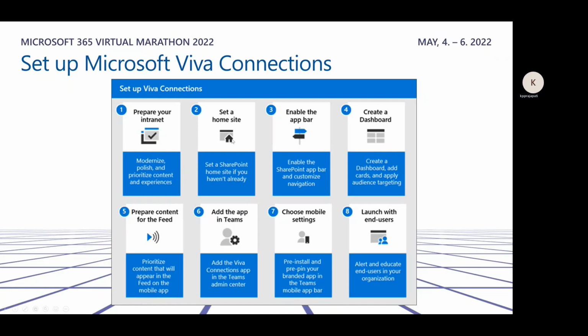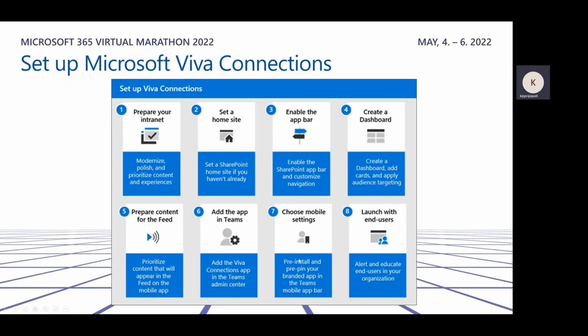And then once it is there, you will be able to enable the app bar with the global navigation and create some dashboards. Then we can also prepare the content to feed into the dashboard or the component. And then we can add this app to Microsoft Teams so all the users can access it from their Microsoft Teams as a personalized app.